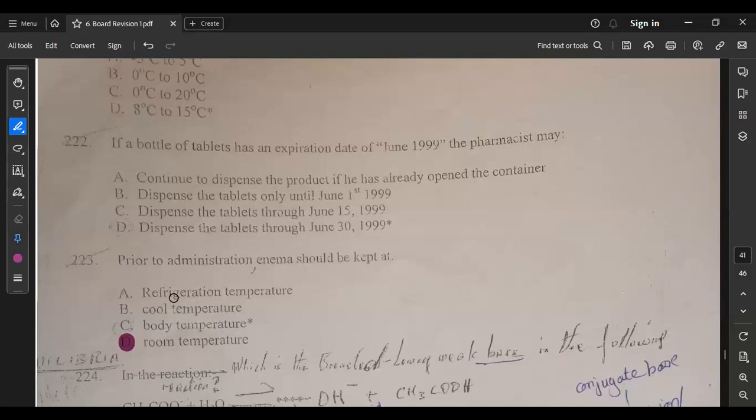But when it's at your pharmacy, you just place it on the shelf. Simple as that, so that you don't spend too much time on a question that is perhaps a bit ambiguous. So room temperature is for storage, body temperature prior to administration. The correct answer is B. We go to the next question.